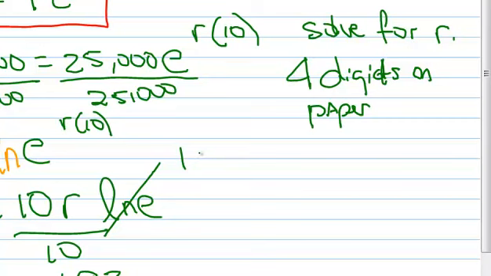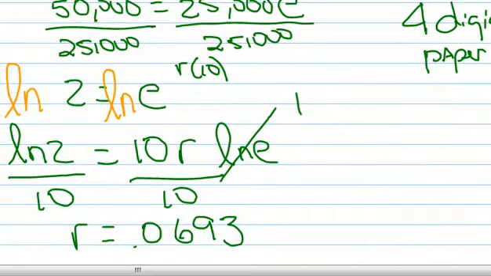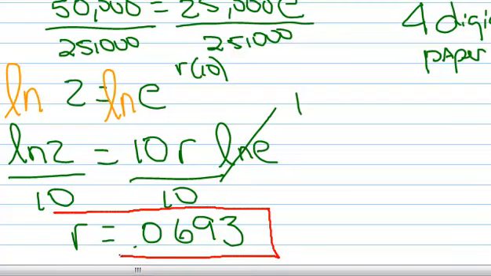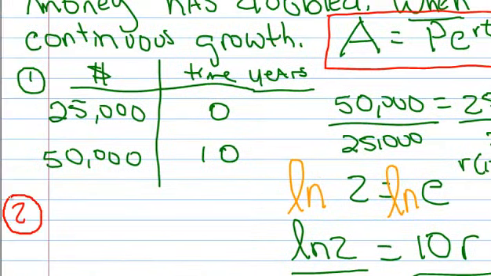And in the next example, I'm going to show you how to do this with your calculator and second answer. But we'll save that for the next example. So there's my R. All right, so step 1 is done. Now I need step 2. So step 2, now I can answer the question, when will it triple?